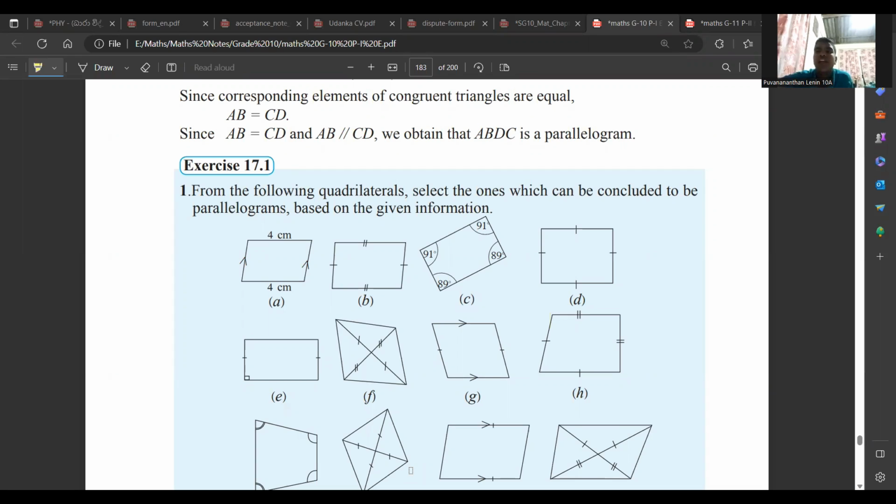Sir, if we write the alphabet letters only, is that enough? Draw the figures which are parallelograms. Only parallelograms, others no need.